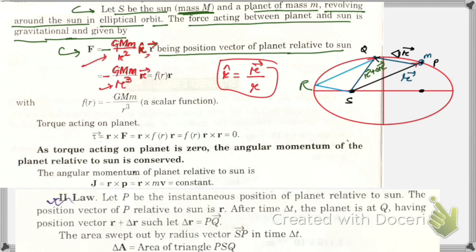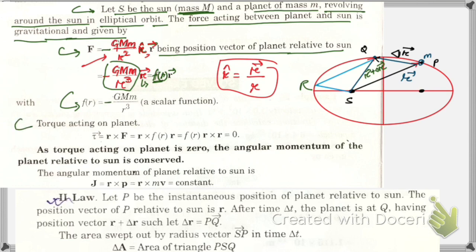You can consider this part as a function of r, f of r, and this vector r is this one. This is the vector r, right? So f of r is a scalar function of r.